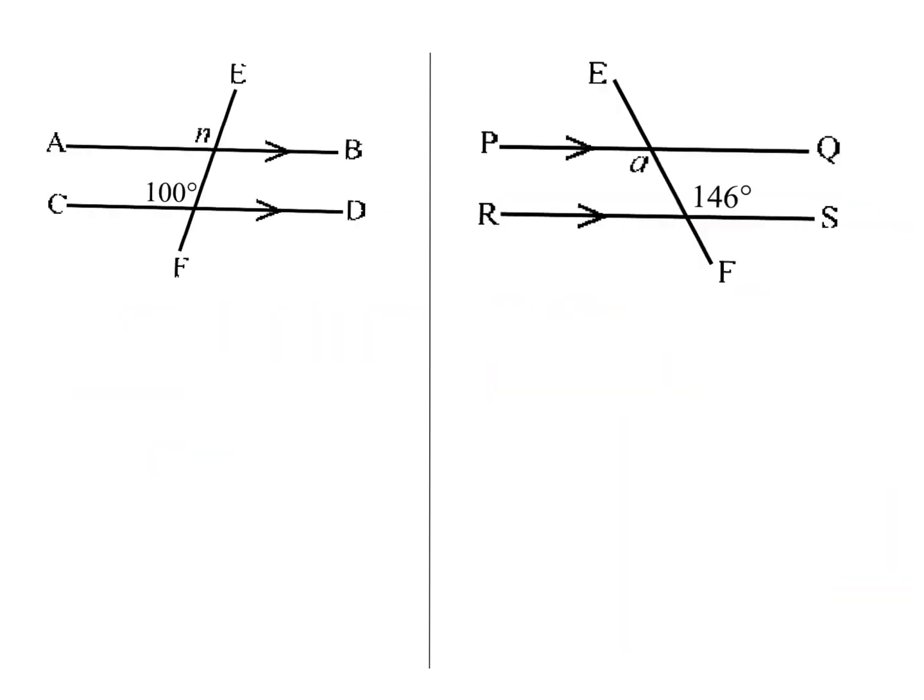It's now time to have a look at our parallel lines. And once again, I'm going to start off very easy. So in my first one, hopefully you've noticed the F. And the F of our fun is corresponding. So that means that N is 100 degrees. Reason, corresponding angles.